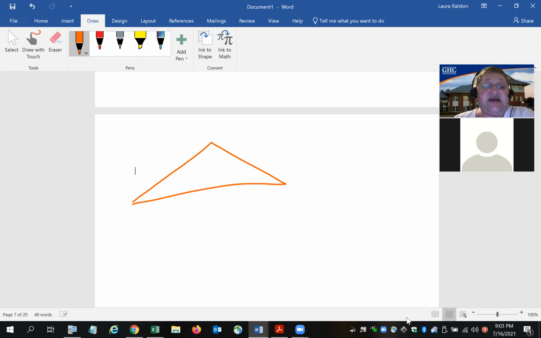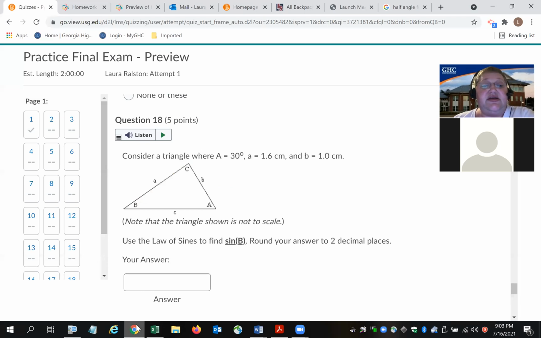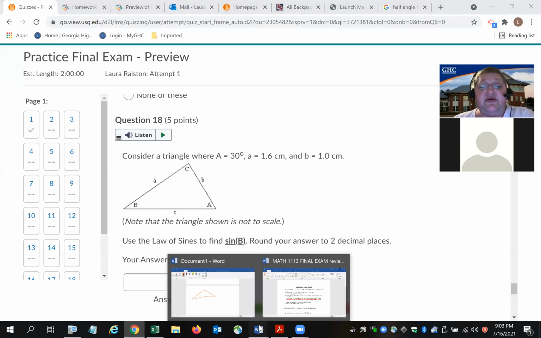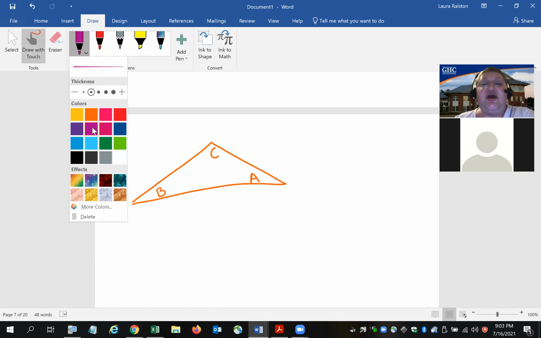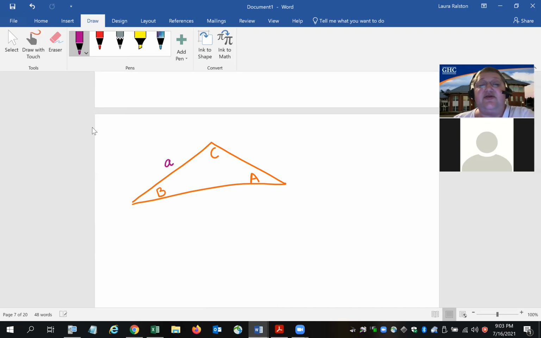Let me see how it was sketched there so I can match it. Okay, so A's in that corner. This is angle A. This is angle B. This is angle C. Your angles are always labeled with capital letters. Your sides are labeled with lowercase letters, and they're always opposite.